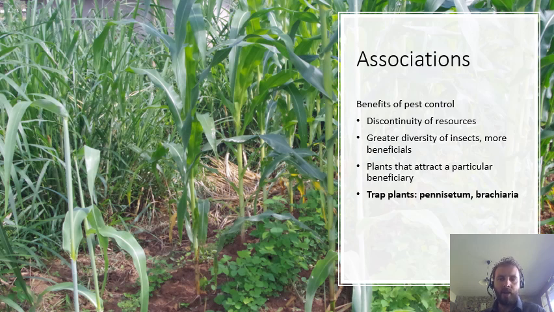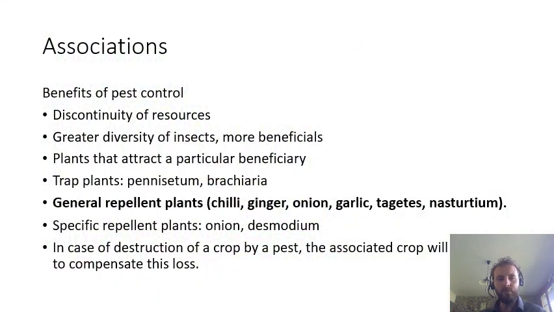So there are other examples of trap plants that you could use to protect a crop. You can then associate a sensitive crop with a general repelling plant or crop. There are a few crops or plants that can be used to repel a lot of different pests.